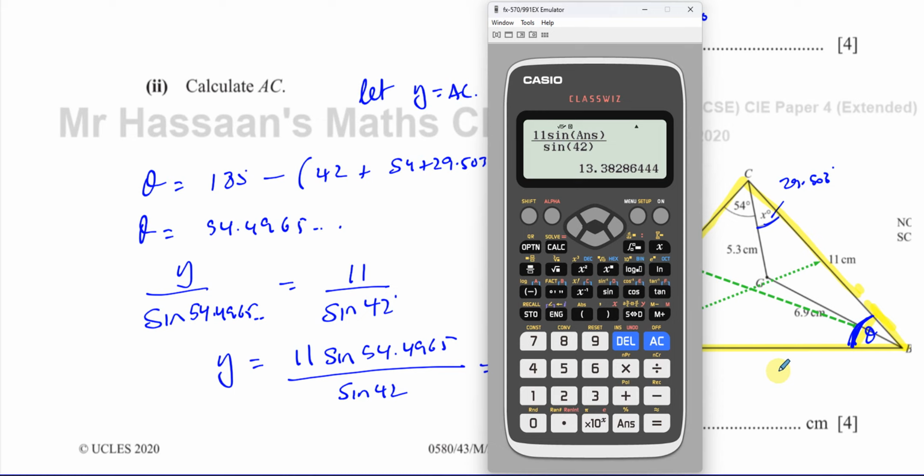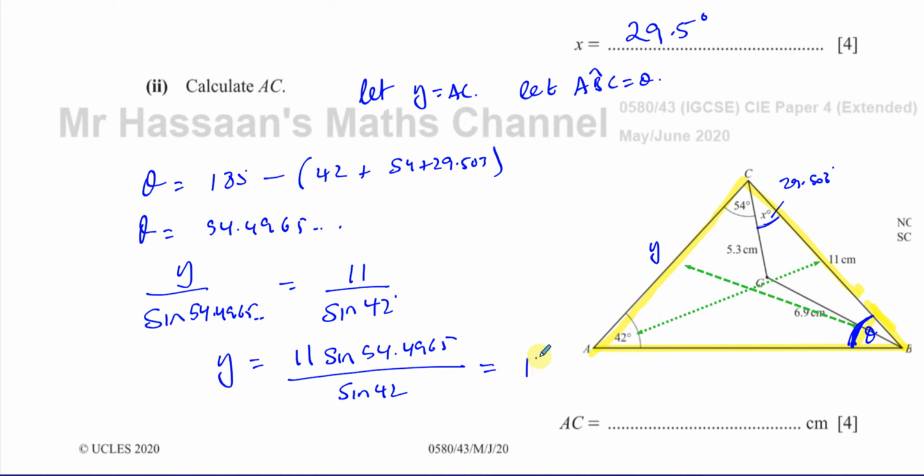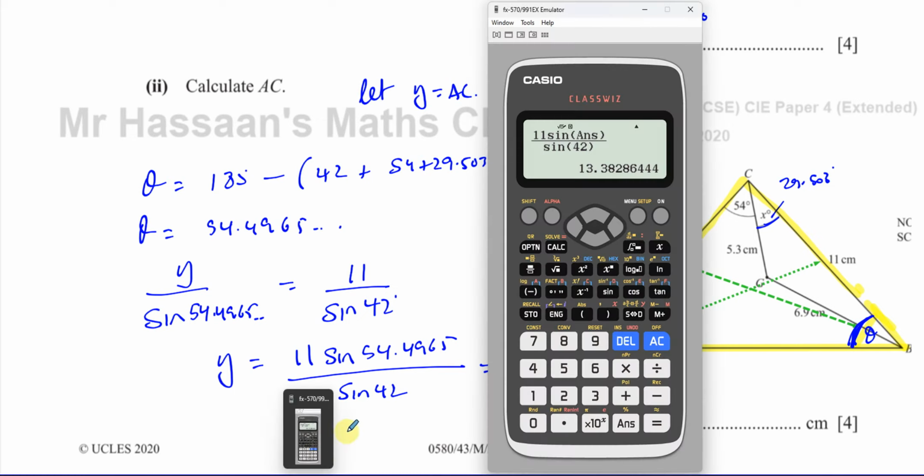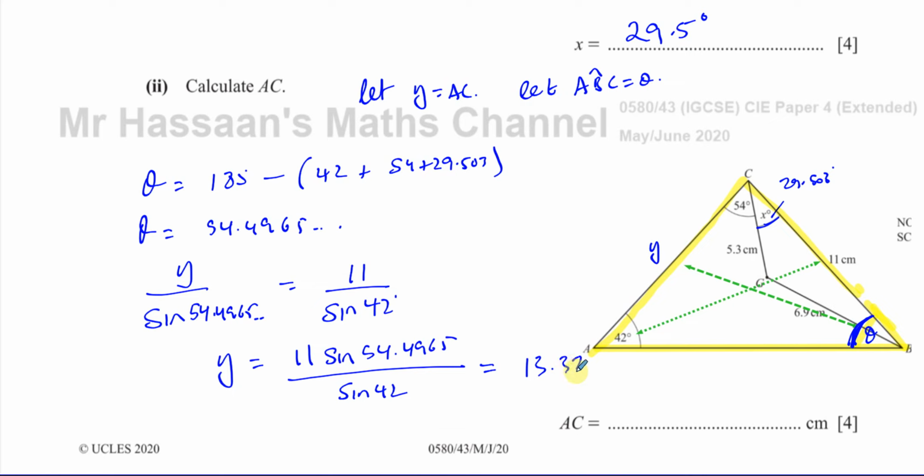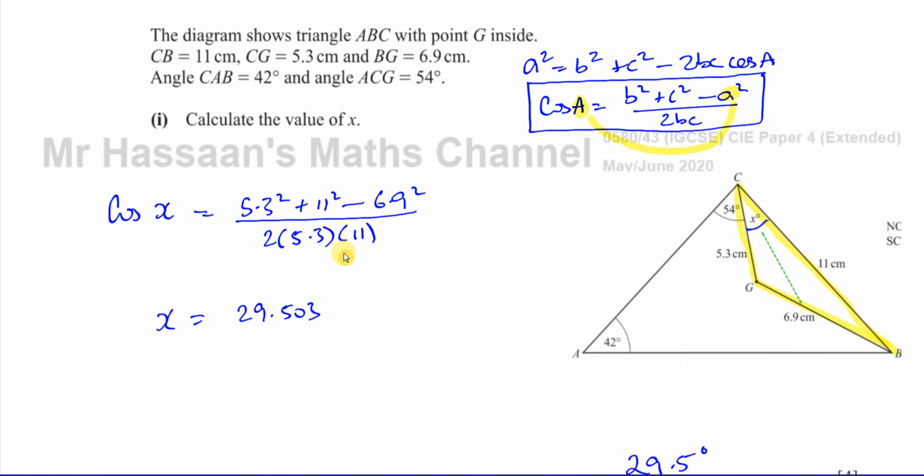Press equals. It gives us 13.3828. We round to 3 significant figures in the end because it's a length. So you have 13.4 centimeters, and that's the answer to part A of question number 6.